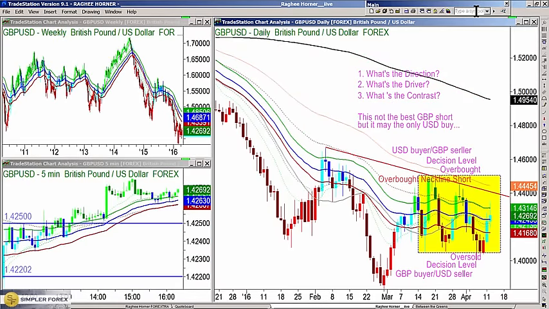If I wanted to buy US dollars, probably the best place to do it, if at all, would be against the British pound. Not right now, but generally speaking, because there's a better chance that my weak US dollar has even a chance of strengthening against the British pound.